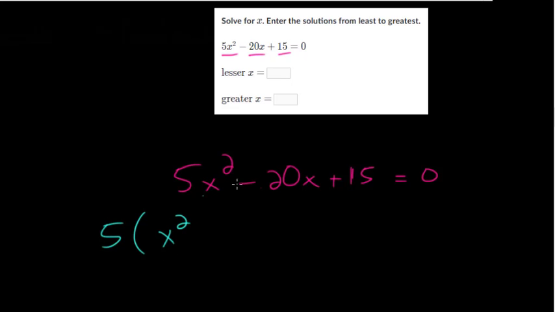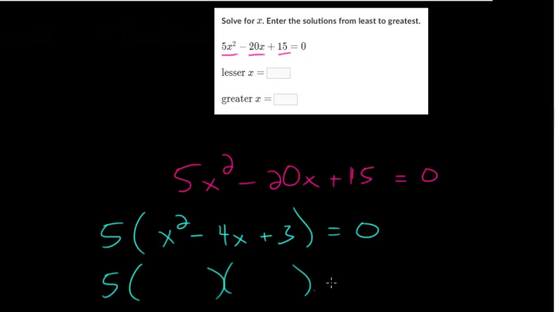So after dividing them each by 5, you'd have x squared minus 4x plus 3 equals 0. And we're going to factor this into a product of two binomials. And the first terms in each we know are going to give us our x squared terms. So this is x and x. And then our last ones will multiply to give us positive 3.